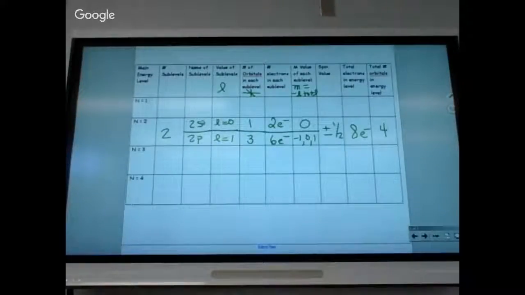Just a spin, plus or minus 1/2. It's the same all the way down. Spin never changes. Spin is always plus or minus 1/2. Question? Okay. The first energy level is always going to have 2 electrons, so change that to 2. So it has 2 electrons in it, that's how many in total. And then you're good.